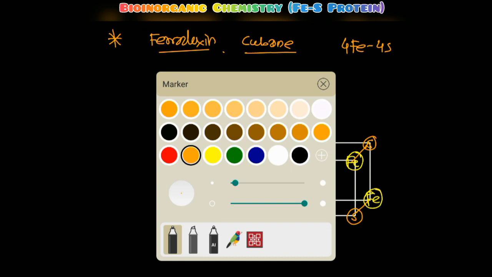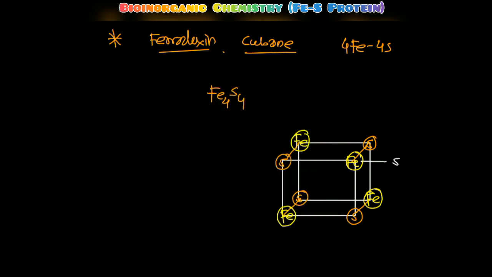Each iron is coordinated with cysteine. This is the structure of ferredoxin Fe4S4. Again, it participates in the electron transfer mechanism.